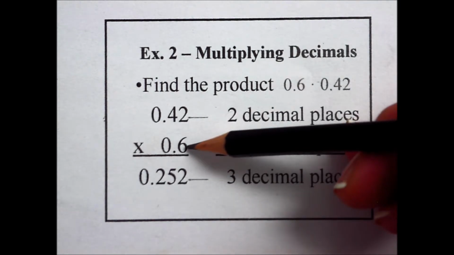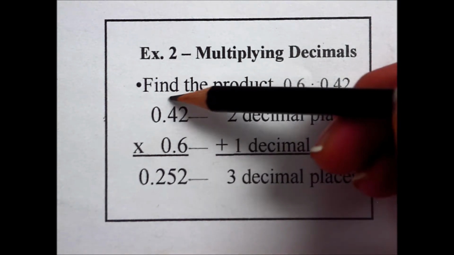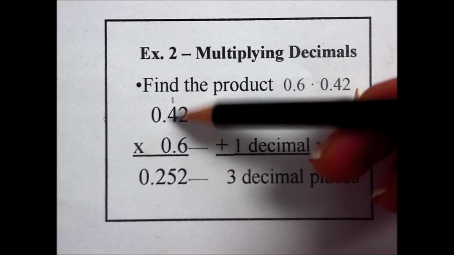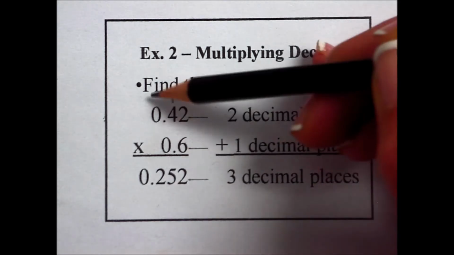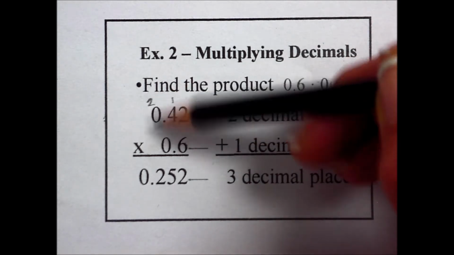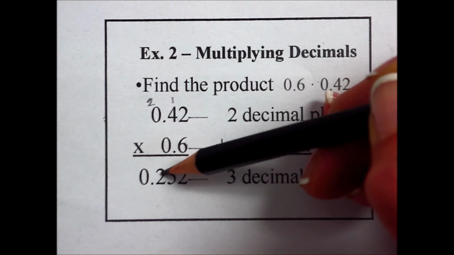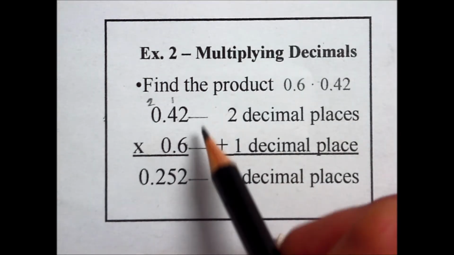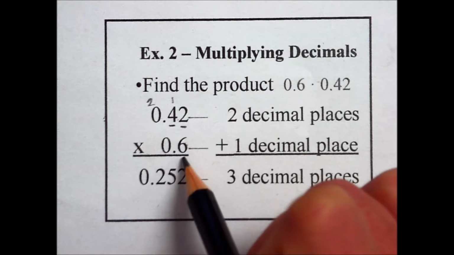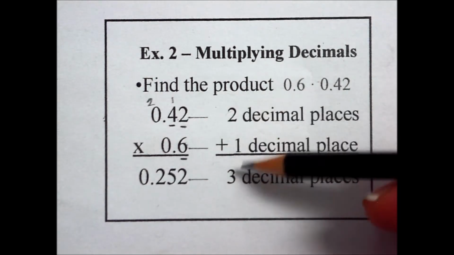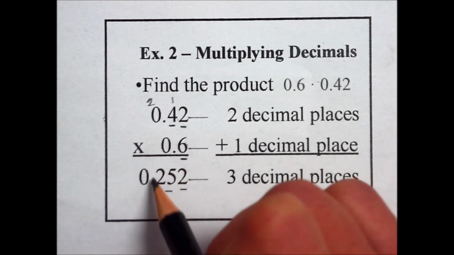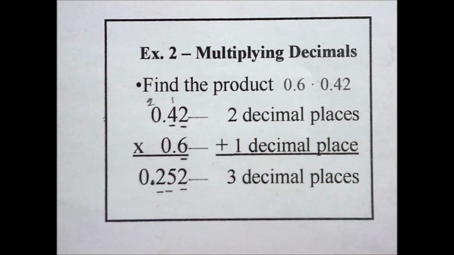In this problem, we multiplied 6 times 2 and got 12, carried the 1. 6 times 4 is 24, plus 1 is 25, carried the 2. 6 times 0 is 0, plus 2 is 2. All right, and now I'm ready to place my decimal. On this one, I have 3 decimal places, so in my answer, I'll also need 3 decimal places.